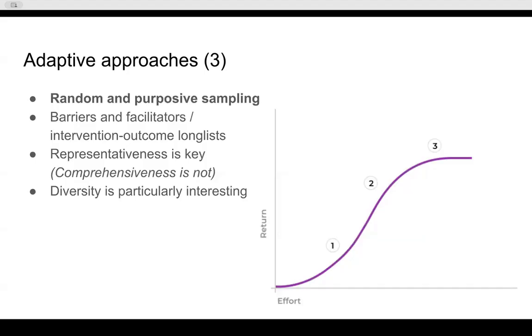The other type of adaptive approaches are where it's appropriate to randomly or purposively sample the evidence base. So this might be because you're interested in a long list of what the main barriers and facilitators are to a particular intervention, or it might be that you want a long list of interventions or outcomes that have been used to test different interventions.